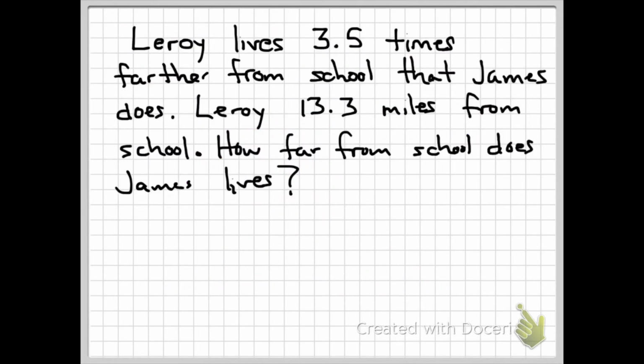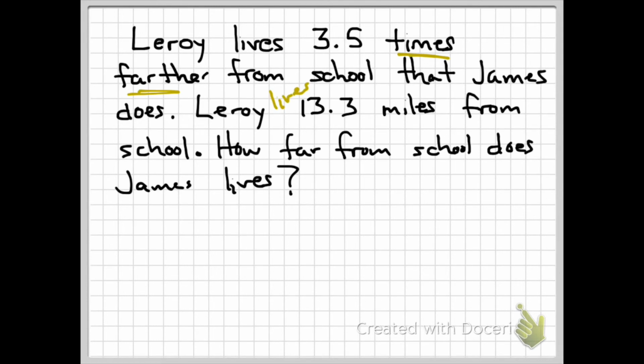All right, this one's a little tricky only because we have a word problem and we know how that goes. So let's read through it. Look for some keywords here. It says Leroy lives 3.5 times farther from school than James does. So it looks like he lives a little further away than James does. Leroy lives 13.3 miles from school.